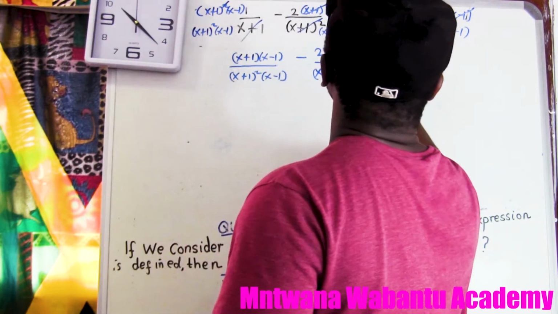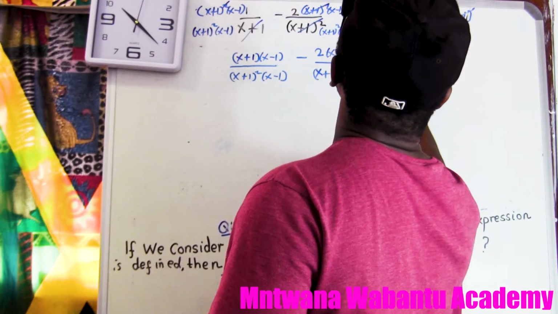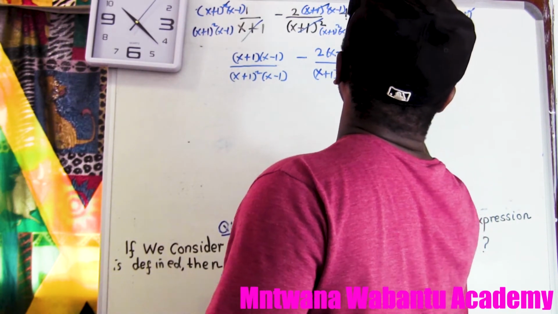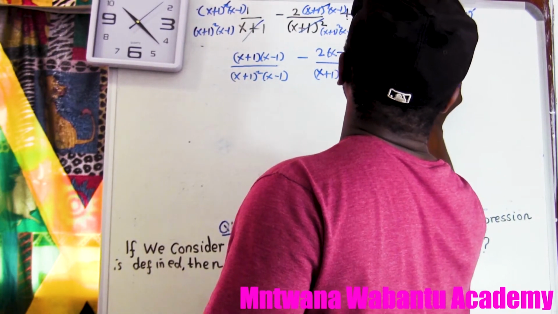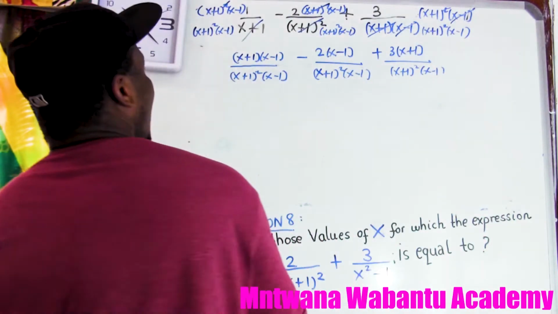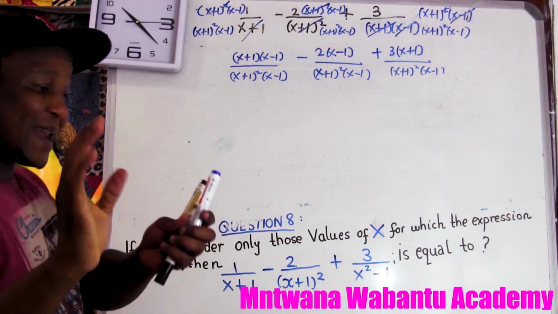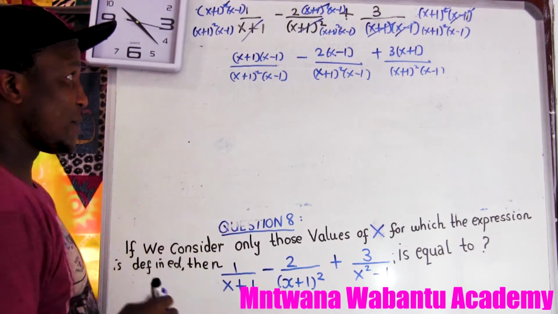Plus 3 multiplied by the x plus 1 at the denominator, we say x plus 1 and then x minus 1. See? So what we can do, we can just put them together. Or, before I put them together, another way you can do it, let me show you something.